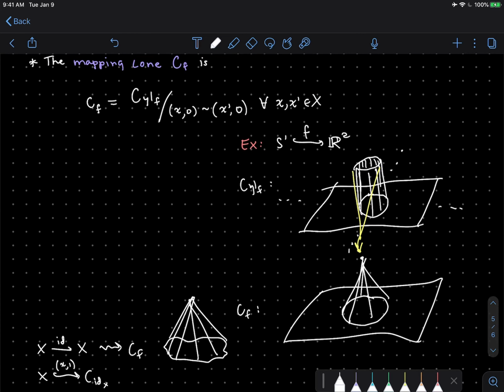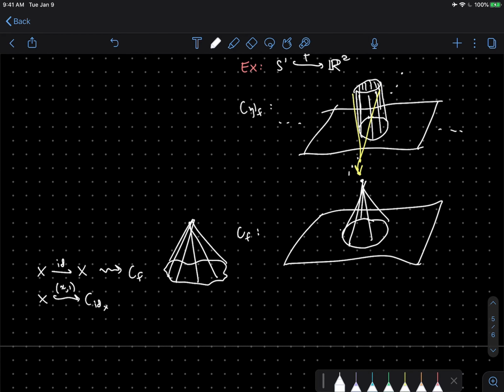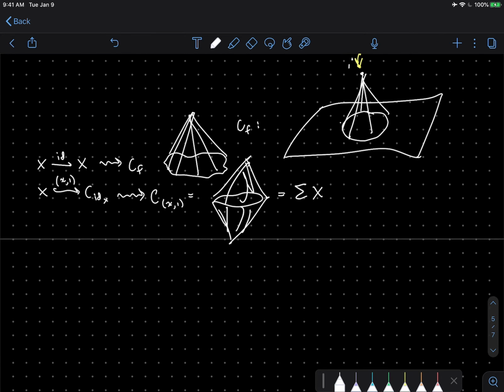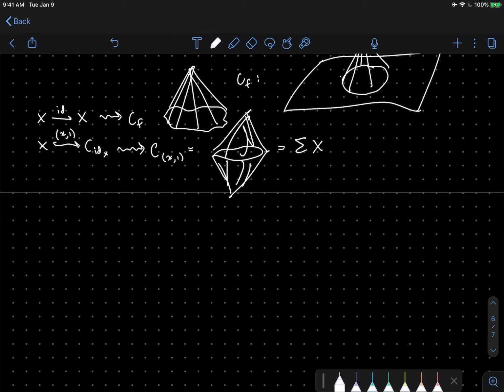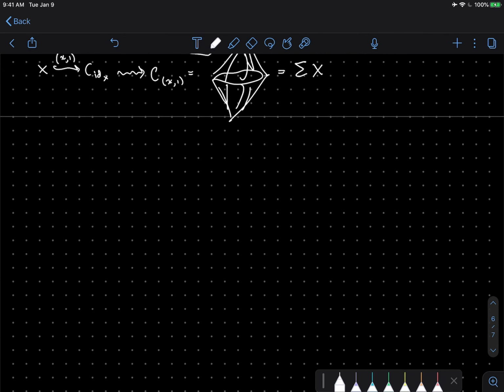Right? Is that how I chose? Yeah, that's how I chose things. And so then the cone on the map x, 1 is going to be the suspension of X. So cones are strictly more general than suspensions. Great.